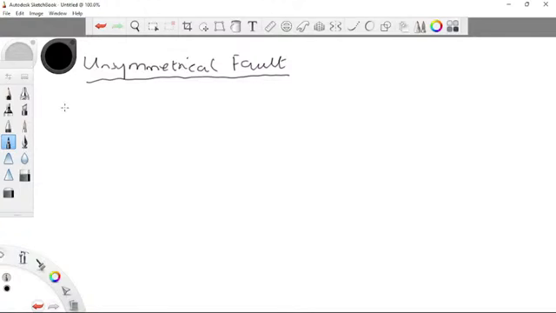So we'll do unsymmetrical faults, and then we'll continue with unit 3. And for unit 4, we'll do it in the first stream, probably Monday evening. And if we're unable to finish, we'll continue Tuesday morning, because PSA is also in the afternoon. Okay, so let's start.